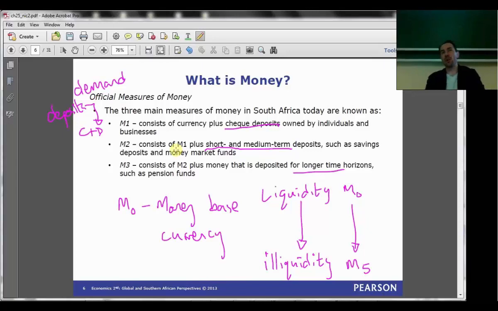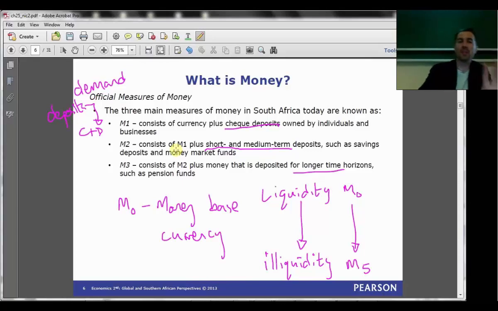And M0, I can use immediately as a medium of exchange, but as a store of value, it's going to be losing value very quickly, at 7% per year in the South African economy currently. Which as a rate of return is pretty hectic, negative 7%. That's not what you want to invest in.